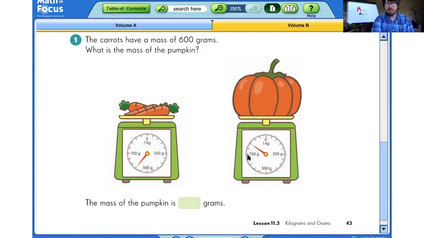So 750, 800, 850. So this pumpkin weighs 850 grams, which, if it's less than this can of beans, it must be a very, very small pumpkin.